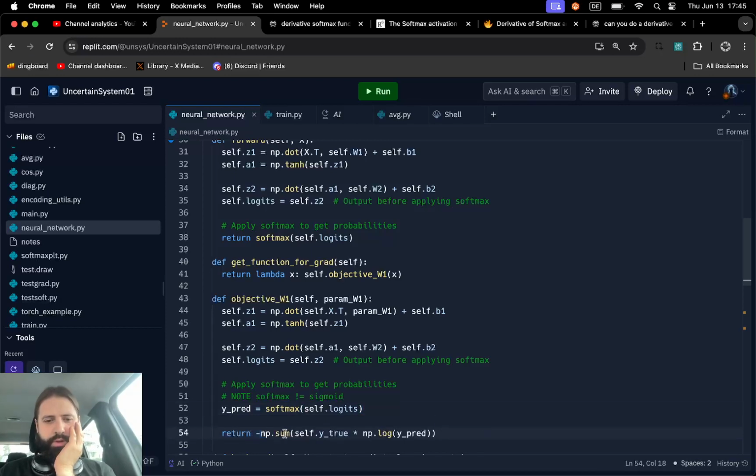So we're doing the derivative of these. Obviously, this includes ypred, so this includes your prediction, right? Now your prediction has the softmax function in it.